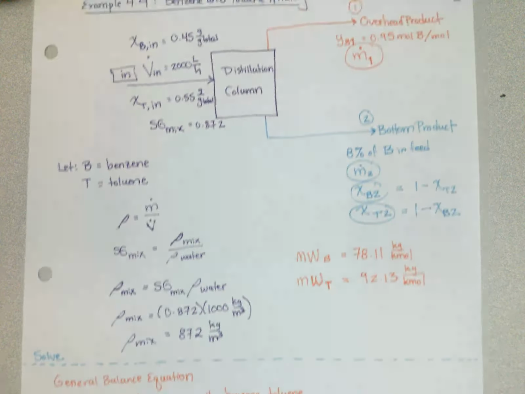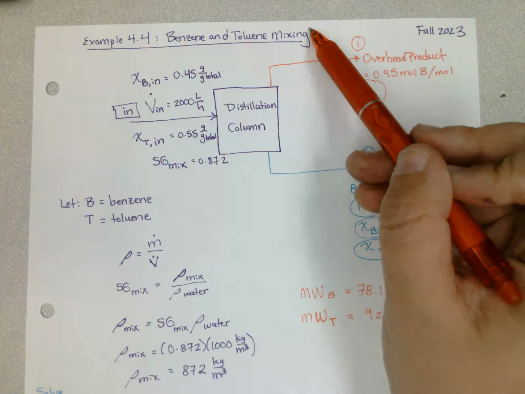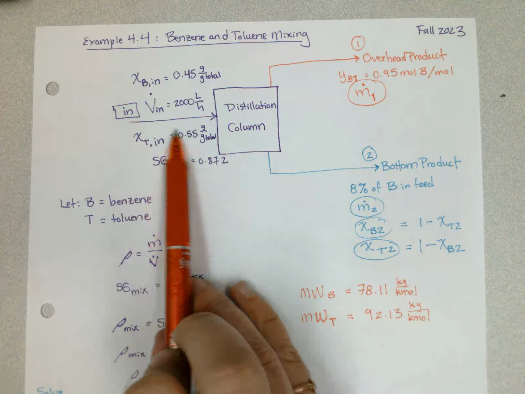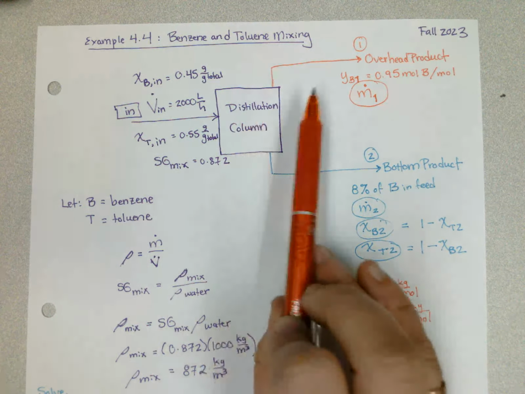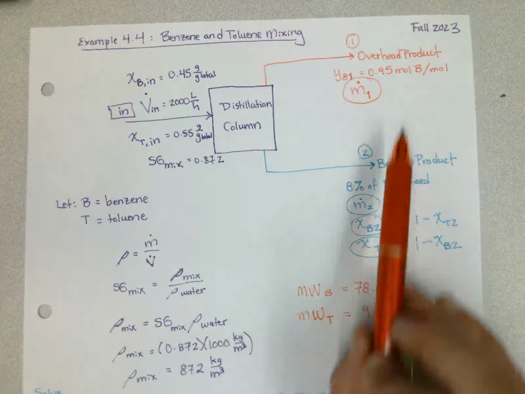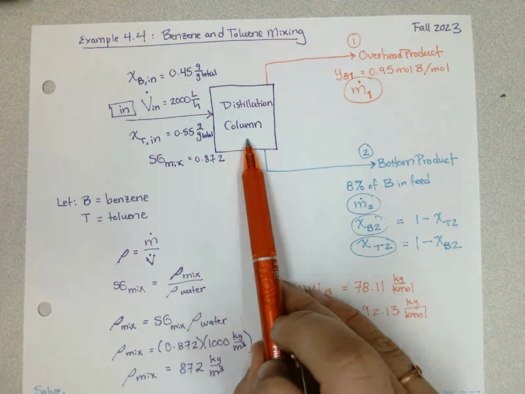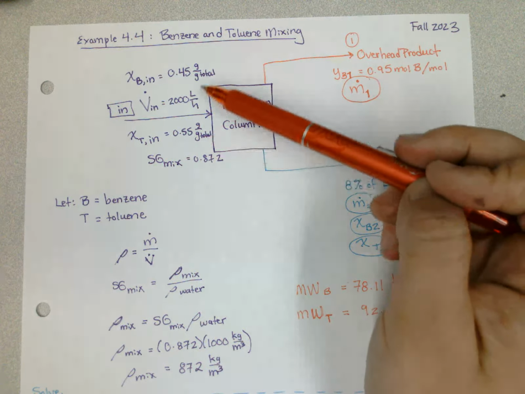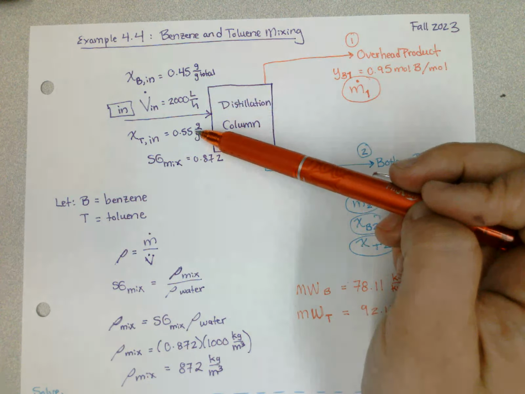All right, so this is a mixing problem. And many times mixing in the name basically means that we're putting one stream in, doing something to it inside, and then getting two different streams out, one that's slightly more pure than the other. So the idea behind a distillation column in practice is that you take a stream of things that are very close in composition, 45% benzene, 55% toluene.